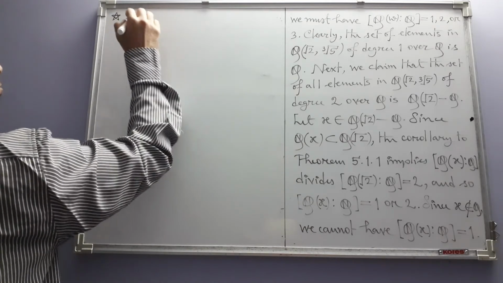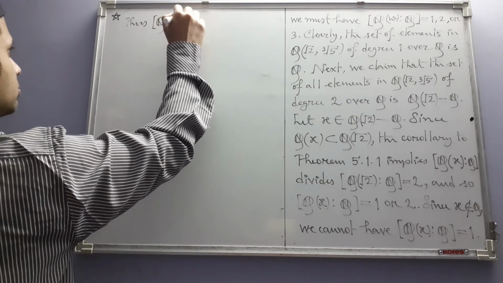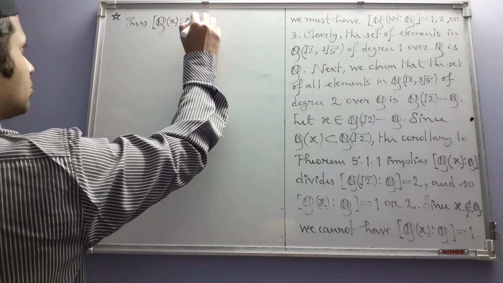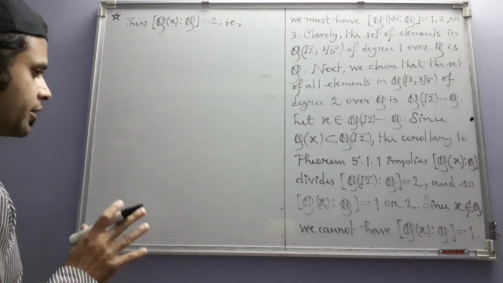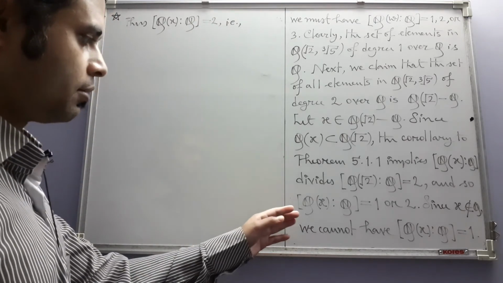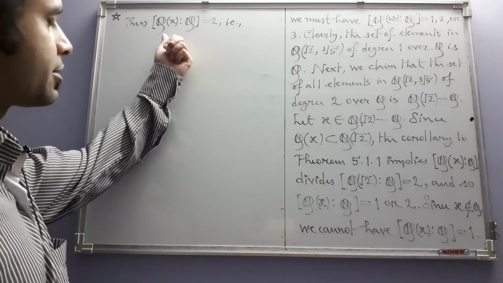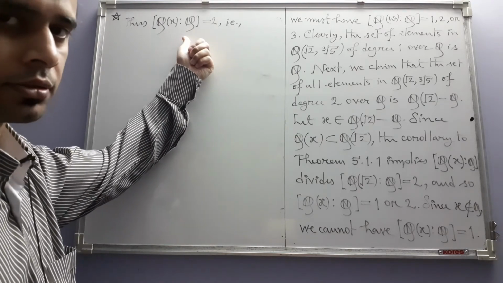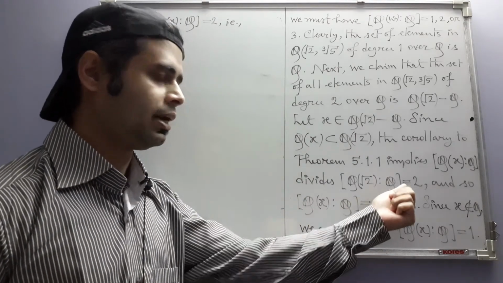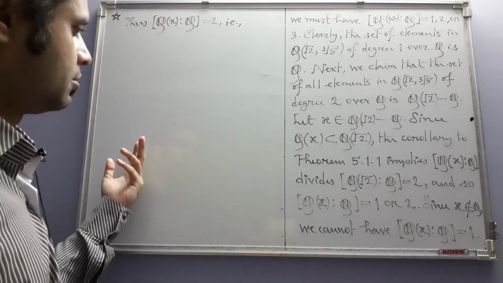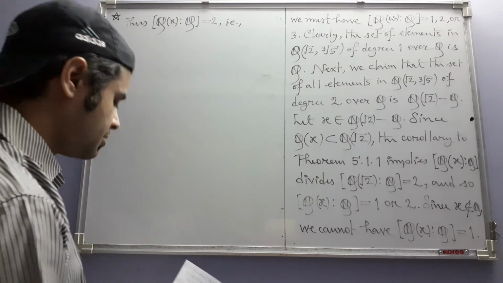Thus, this is equal to 2. That is, this apparatus is amazing, no? We can jump from polynomials to extensions and their dimensions over the underlying field. We can then use number theory and divisibility to guess the dimension, and then again we can come back to polynomials. This is really amazing.